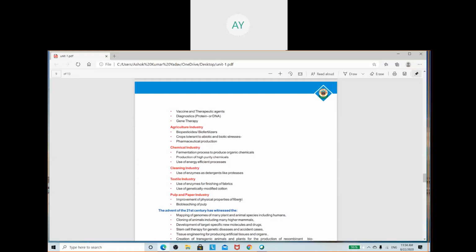तो इस तरह से आप कर सकते हैं, any field you can do improve your research. देन केमिकल इंडस्ट्री मैं बता चुका हूँ कि फर्मेंटेशन प्रोसेस to produce organic chemicals in presence of oxygen with the help of microbes that is going to produce any useful compound like use of pseudomonas, use of lactobacillus.